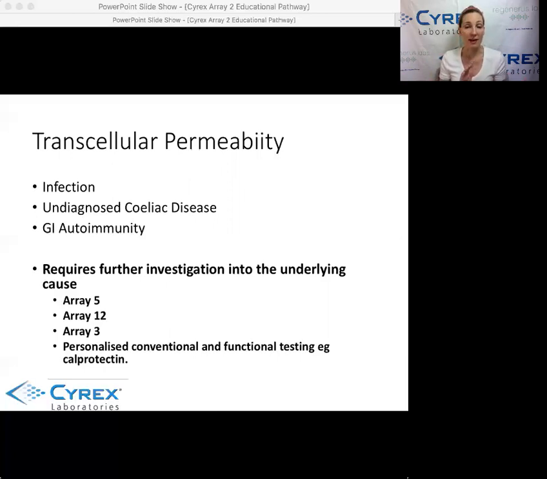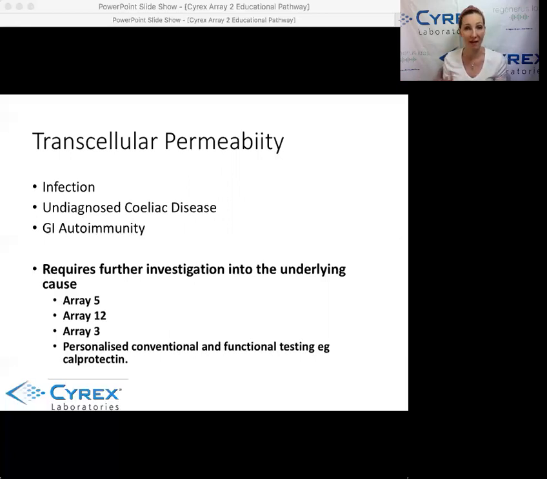So you need to be considering something like RA5, where you're looking to investigate further the underlying causes of the damage. With RA5, we're looking at 24 tissue antibodies to see if we can identify subclinical or early stage 1, stage 2 autoimmunity, where there's inflammation and destruction to the gut wall itself from autoimmune disease.